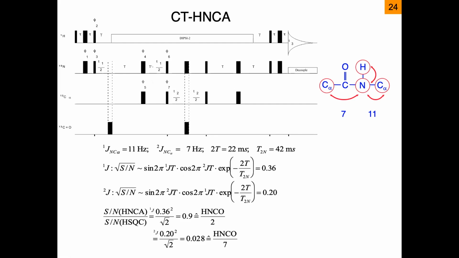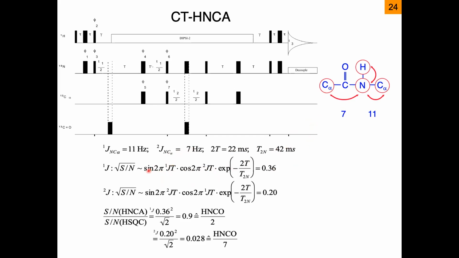So the 1-bond coupling, it goes to the intra-residue C alpha, but at the same time, we are losing something because of the 2-bond coupling. So you can never get one only and not the other. You always lose in both directions. And this is the cosine term that describes this. And you see the symmetric thing when you think about the transfer to the preceding C alpha by the 2-bond coupling.